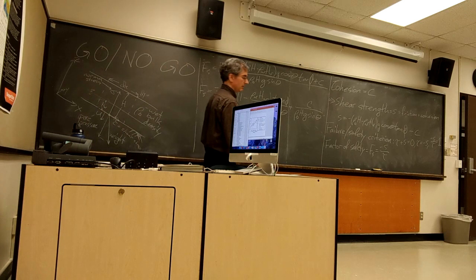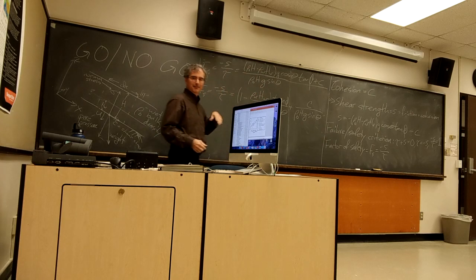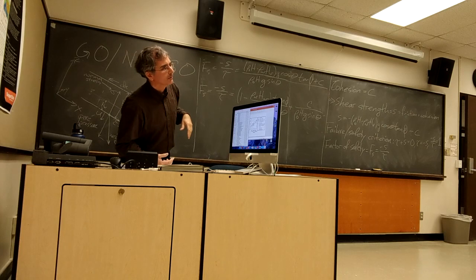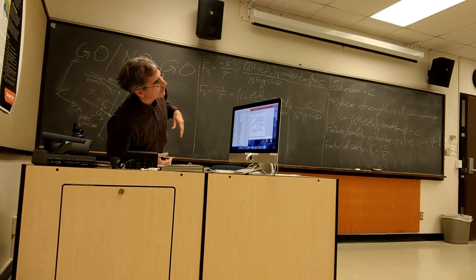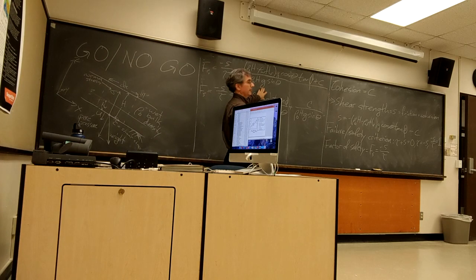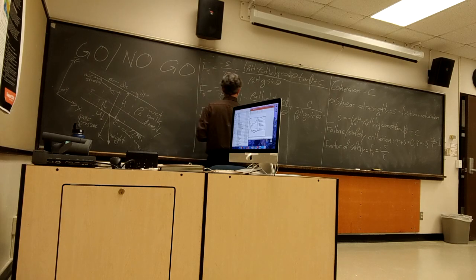Now, worth looking at this for a second in our last minute or so. No, I don't have a last minute according to this clock. But if it's dry, h w goes to 0. And then if I have no cohesion, say I'm just dealing with a pile of sand, then it's stable if the factor of safety is greater than 1.